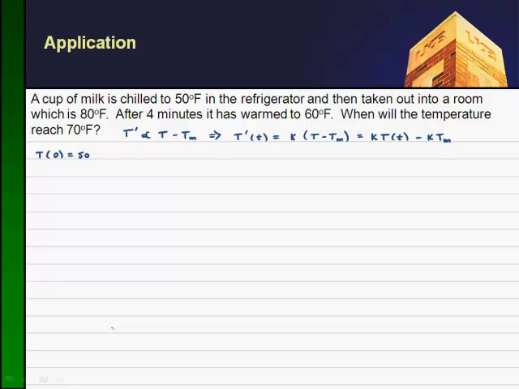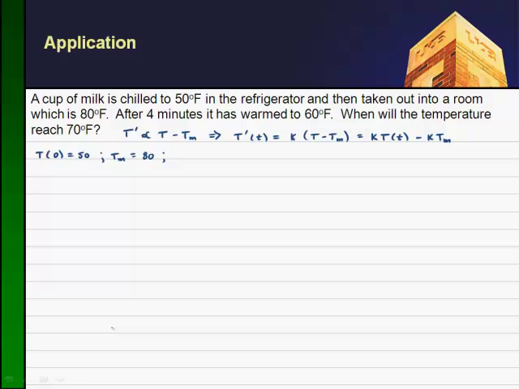It's taken out into a room which is 80 degrees Fahrenheit. So the temperature of the surrounding medium, the room, serves as an infinite reservoir; if you had a hot object, it would get rid of its heat into that reservoir. Here, the environment acts on the cup of milk. So the temperature of the surrounding medium is 80 degrees Fahrenheit.